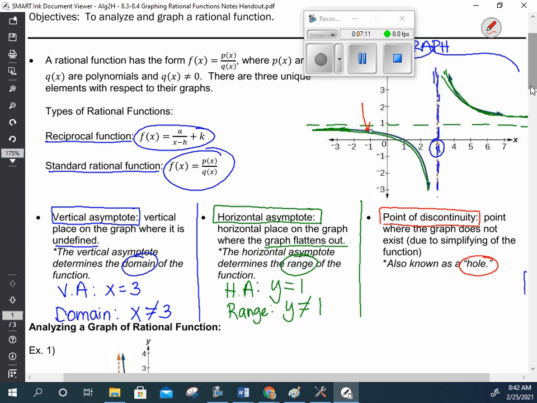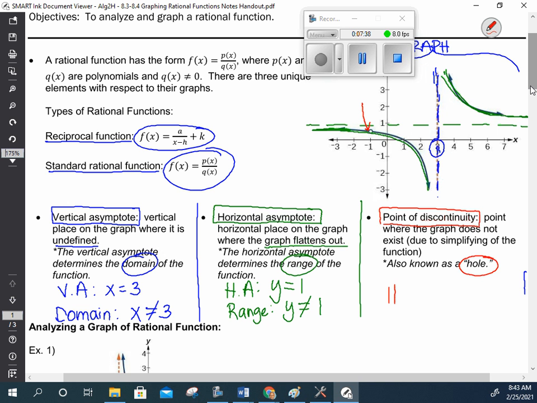Those of you who are going to pre-calculus and calculus will deal heavily with whether something is continuous or not continuous. Points of discontinuity, you're going to deal with that a lot in pre-calc and in calculus. So this is just a brief taste of what it is. That hole in the graph is called a point of discontinuity.